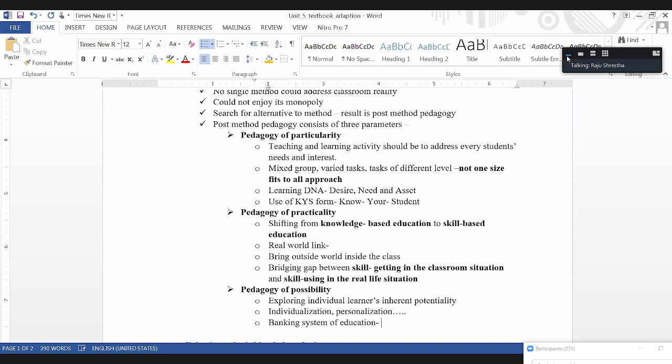And from that we expect their critical thinking, creativity, innovation. So this kind of practice we still have in our education system.